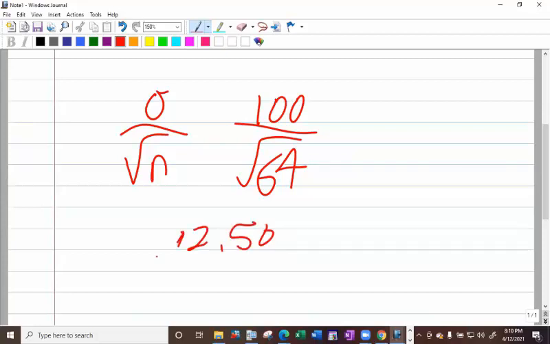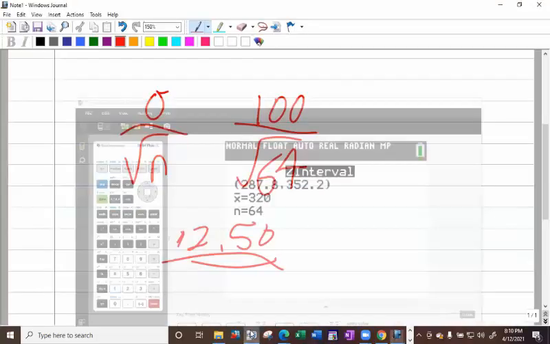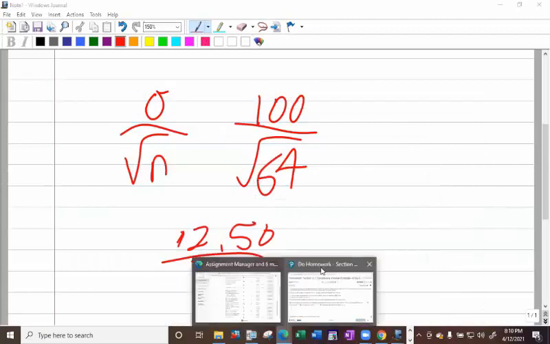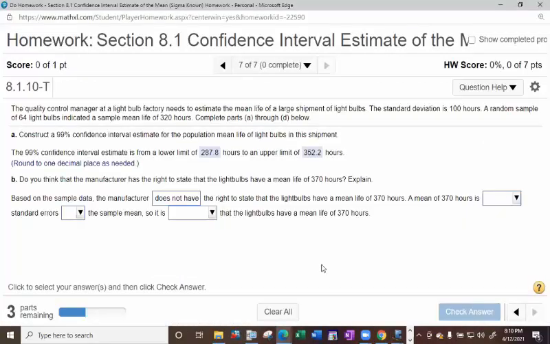That's the standard error. We can rationalize this out. Definitely above the sample mean.